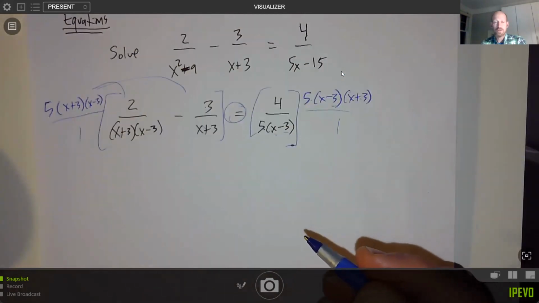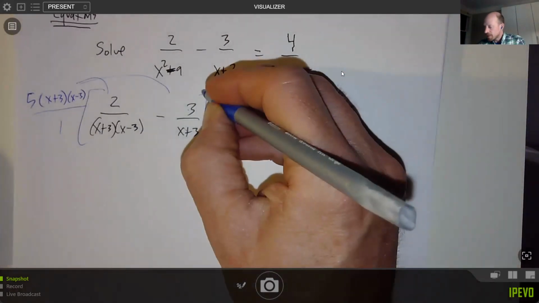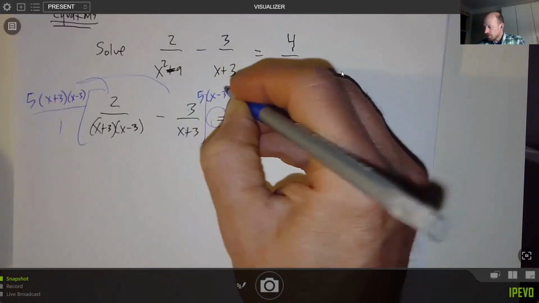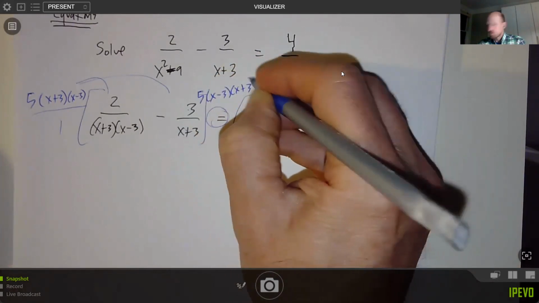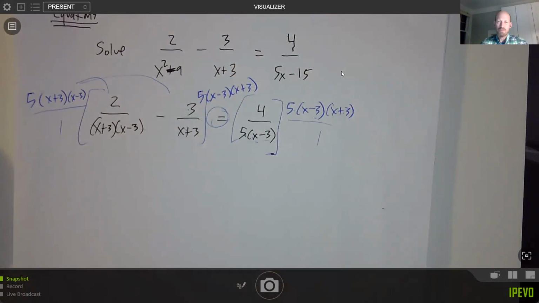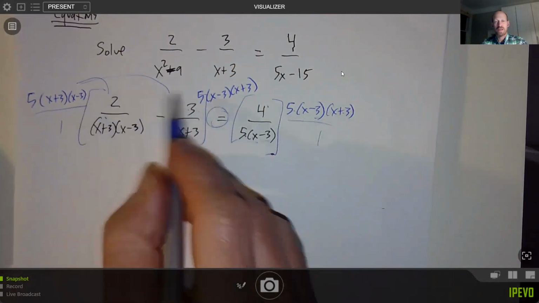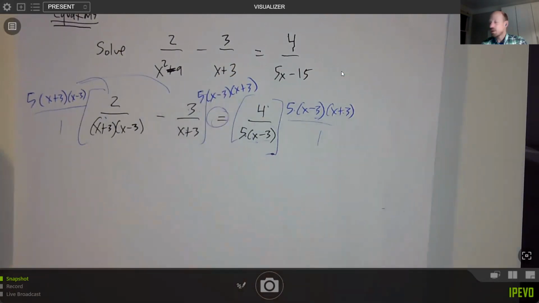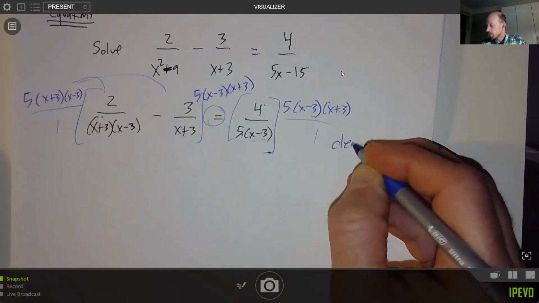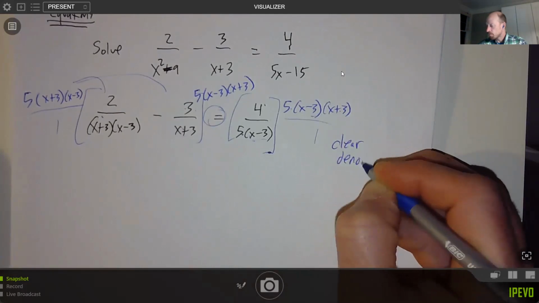I'm going to have to distribute to both of these terms. So what I like to do is just write it in right in the beginning. I'm going to have to distribute it anyway, so I might as well just write it there. Multiply all three of these terms by the same thing. What I'm doing here is I'm going to clear the denominators.